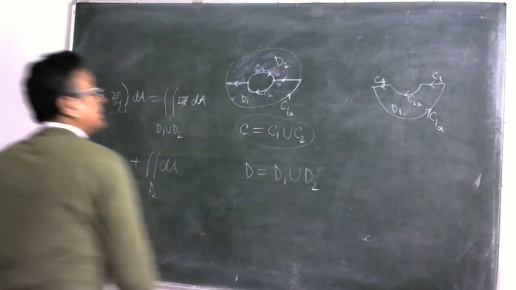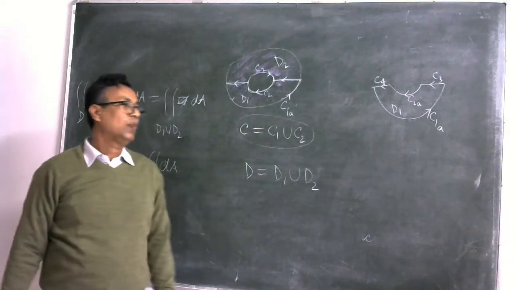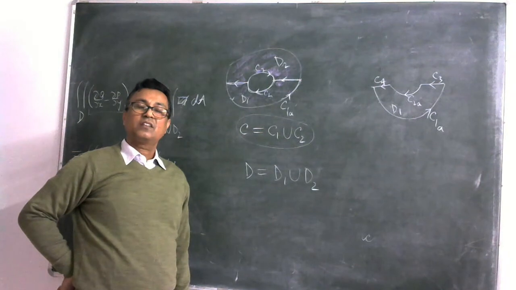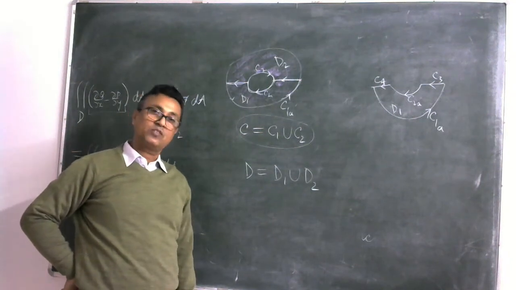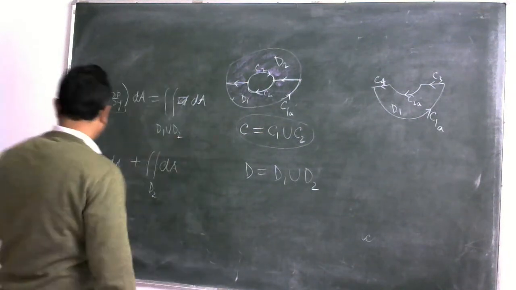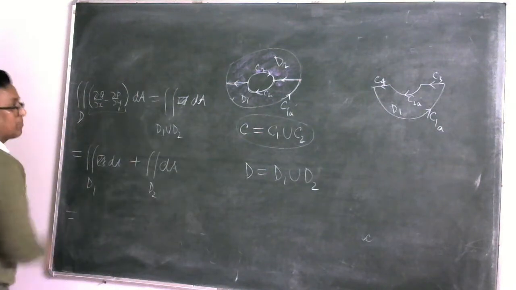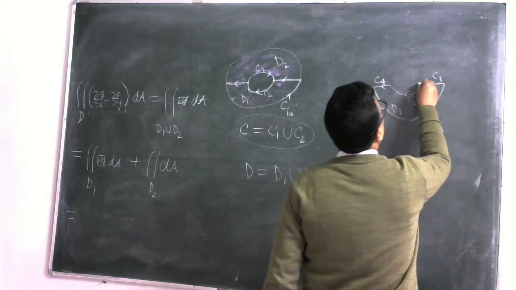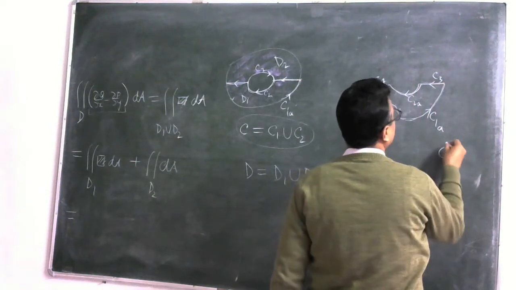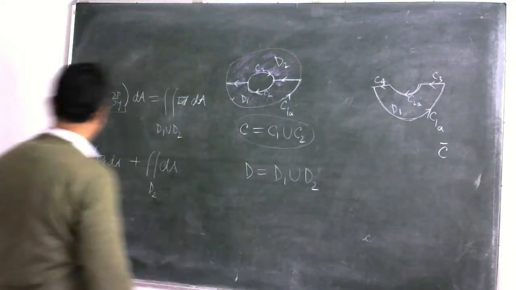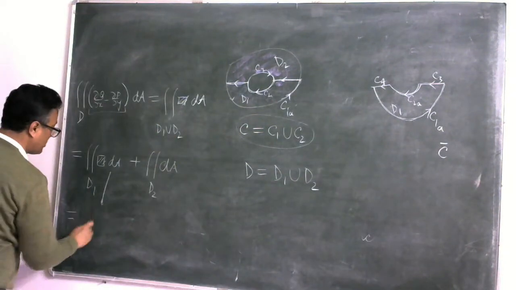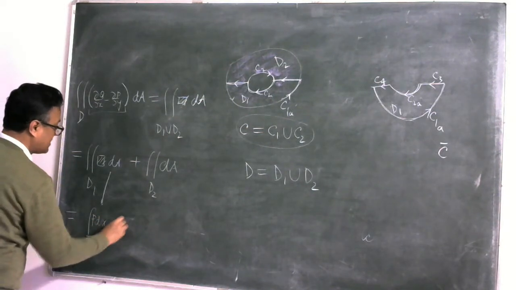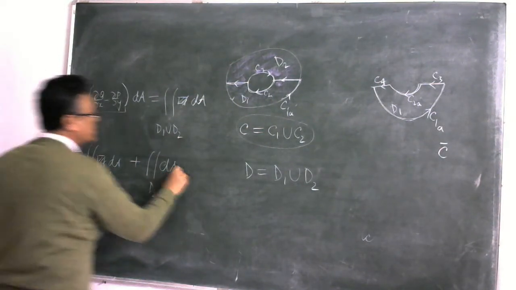Now you can see that I have converted D1 into a simply connected domain, and I know that Green's theorem is valid there. So if I apply it and call this whole curve C bar, then this part is going to give me the integral over C bar of P dx plus Q dy. I'll come back to this part later on.